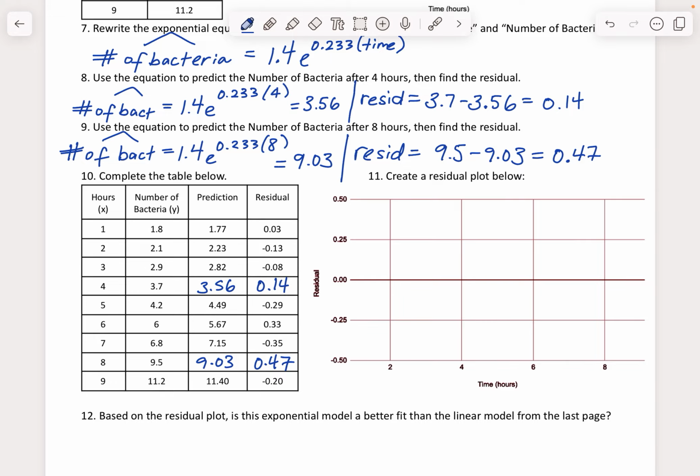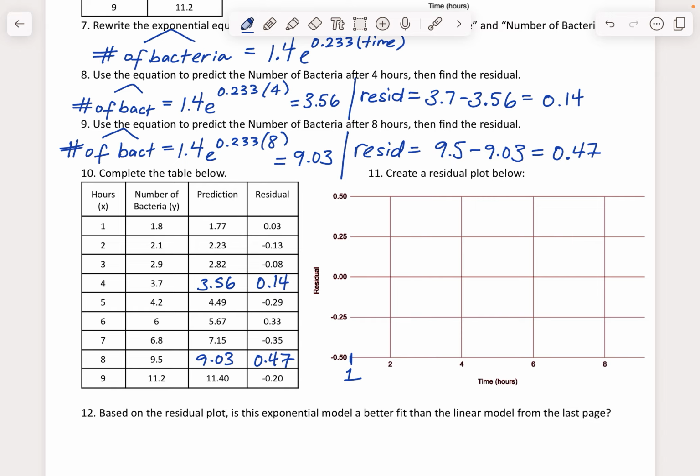And now let's create our residual plot. Remember, we have 1 here and 9 here. I know the formatting's a little strange, but let's make this plot. Okay. At time of 1 hour, we have a residual of 0.03. So that should be very close to 0 right there.